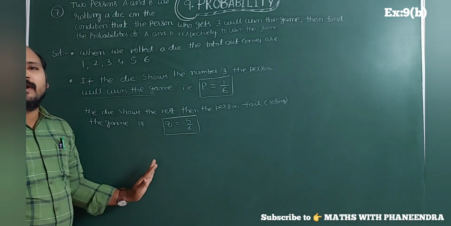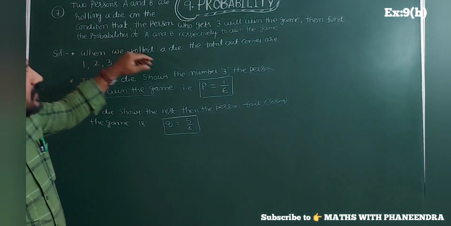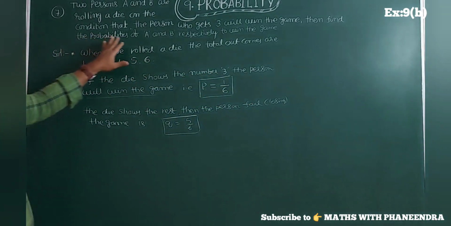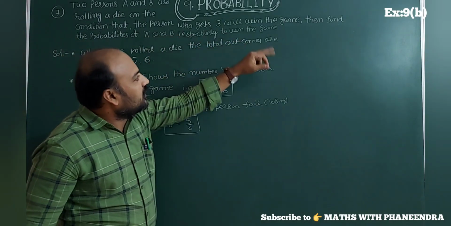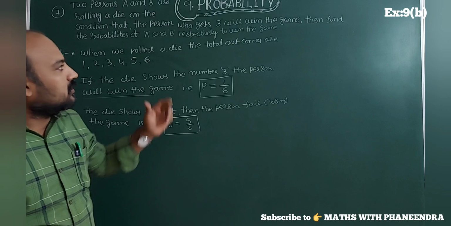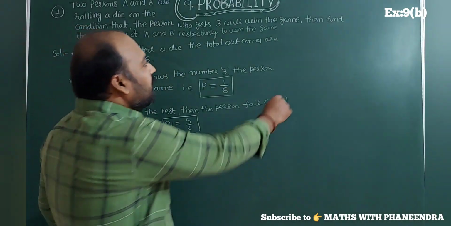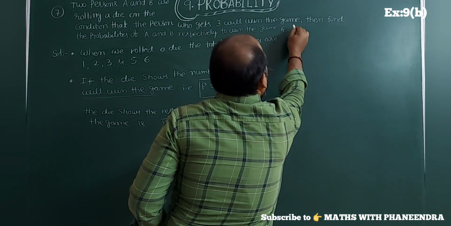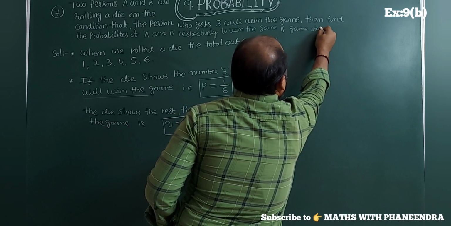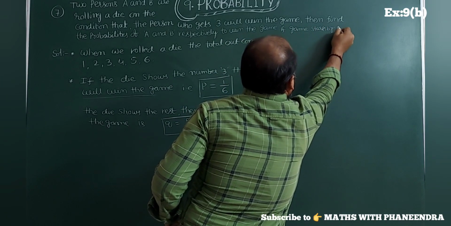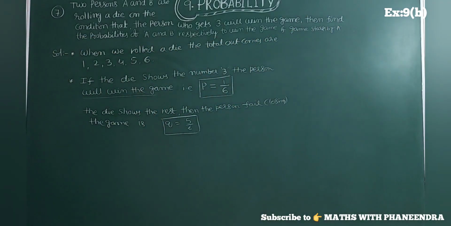Till here completed, no? After that, find the probability of A and B respectively to win the game. I think the question is, if the game starts by A, that is the question.